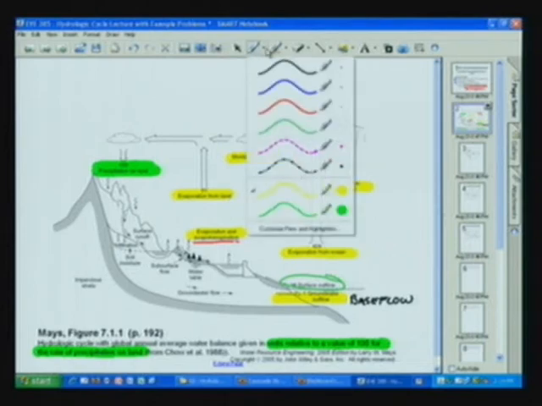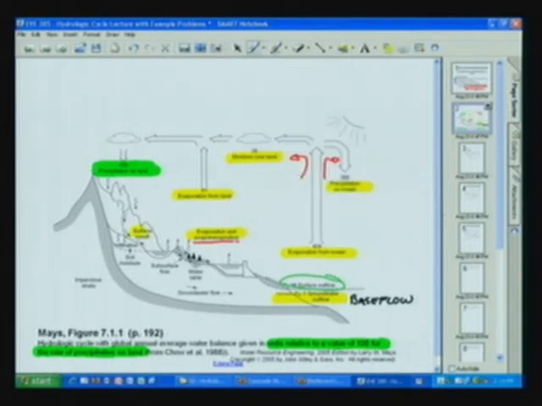And then he has a variety of other processes listed in here. Actually, that one should not be a process. He's just locating where the water table is.